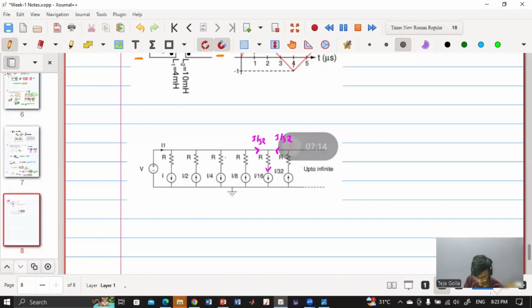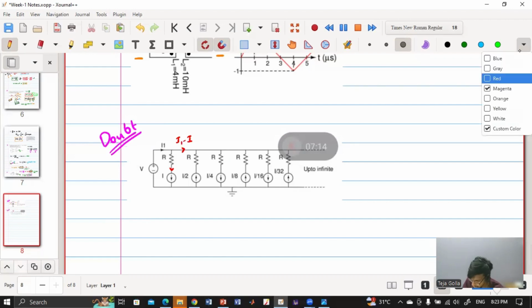Or we'll do one thing. If it is confusing, we'll come from a different view. So first we'll write, say, this is I1 and this is I, right? So what is the value of this one? I1 minus I, right? Agree? Okay.